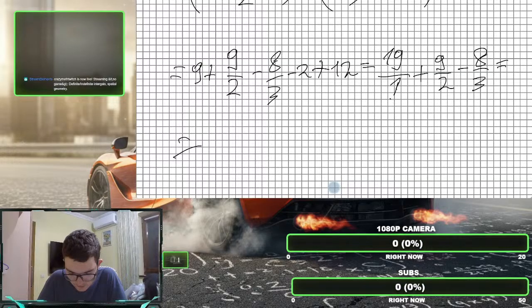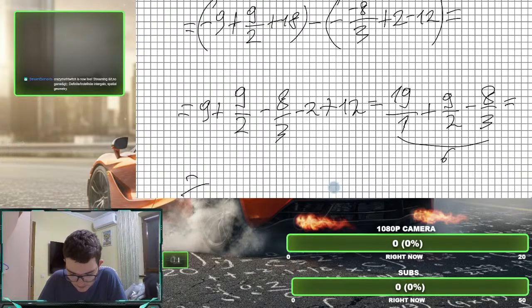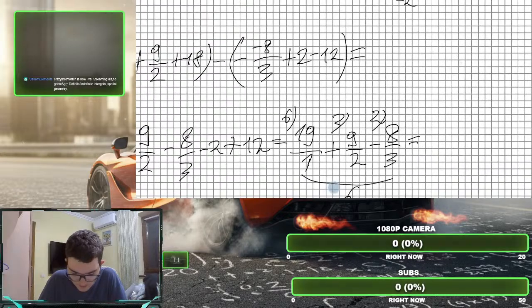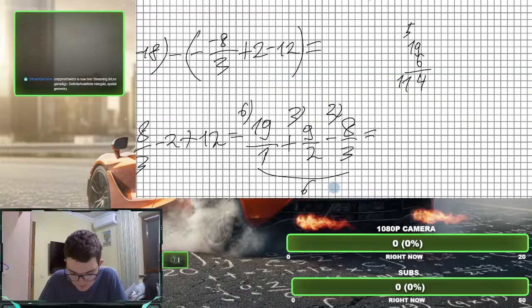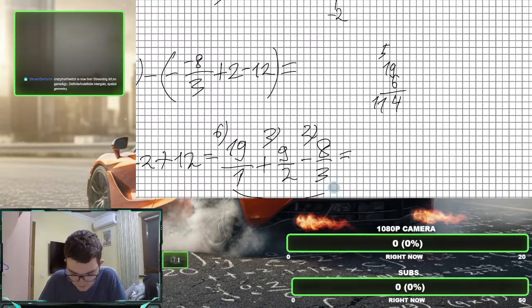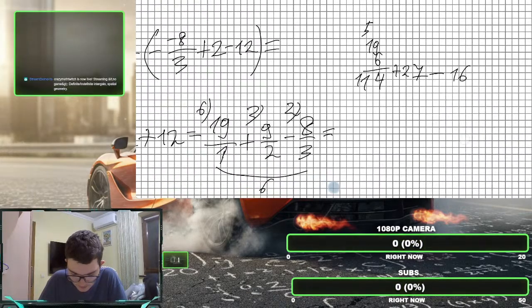essentially solvable if I put a 6 here. So this will be by 6, this will be by 3, and this will be by 2. And 19 times 6, that's 4 here, here 5. So 114, plus 27 minus 16, all of this on 6, of course.